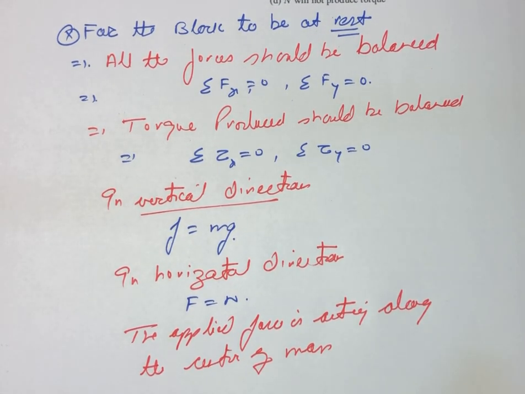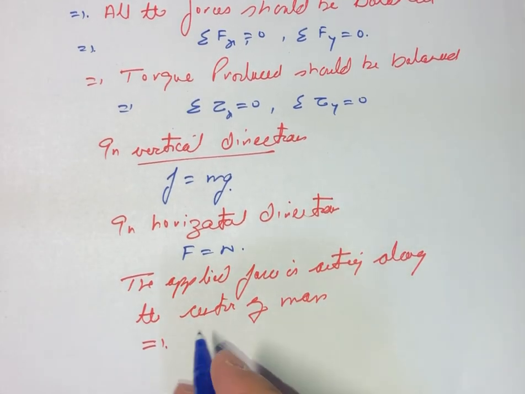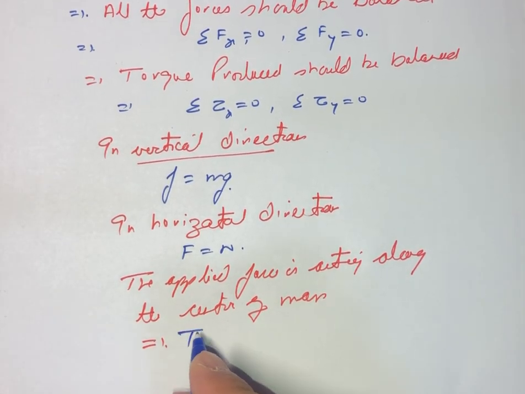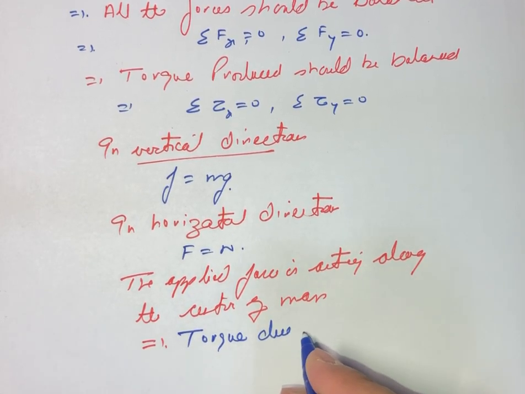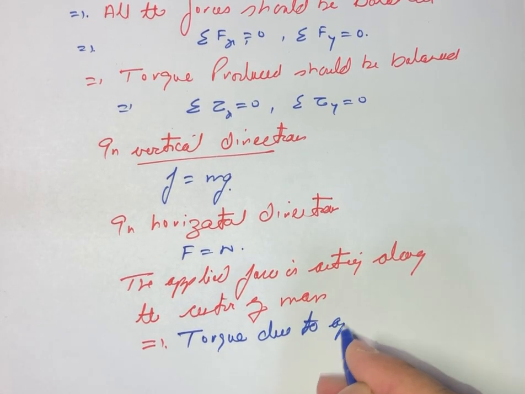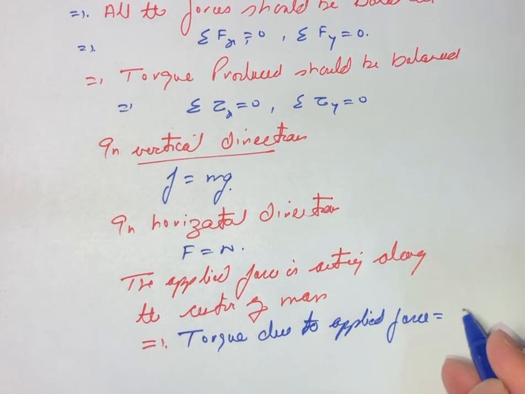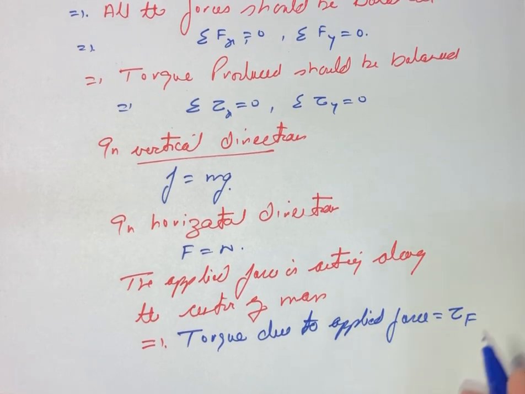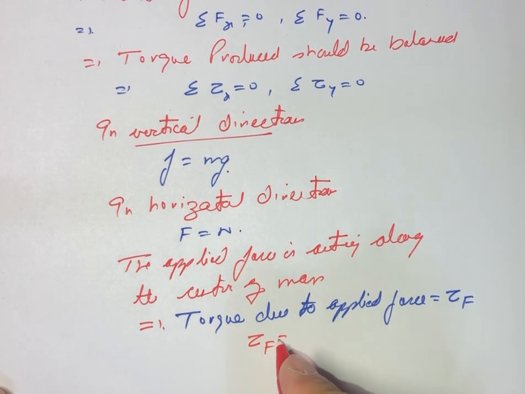If it is acting through the center of mass, then we can say the torque due to the applied force, let us call it tau F, is equal to 0.